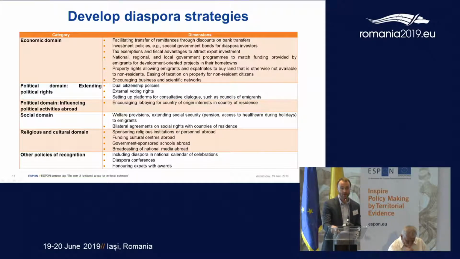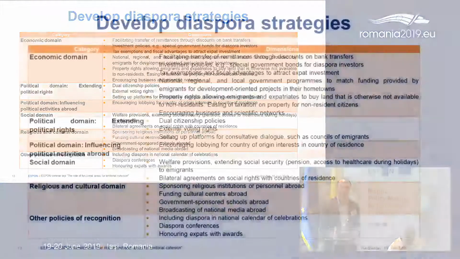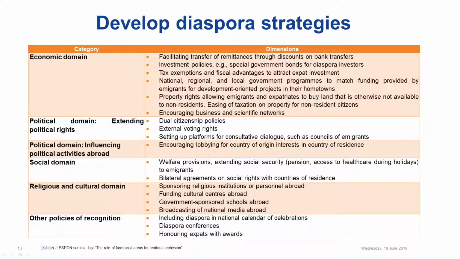Another option is to look at diaspora strategies, and it's also functional in a way. I think you have seen the global remittance mapping, how the remittance flows from abroad back to countries, and obviously that's one way to look at it.